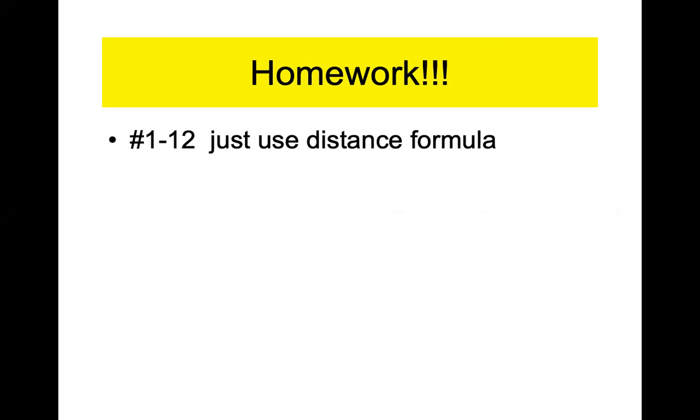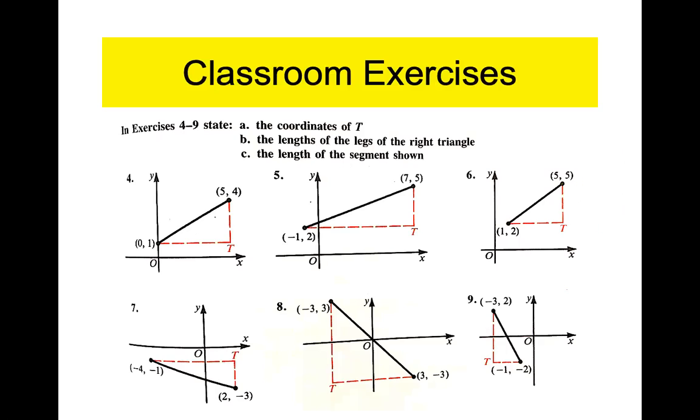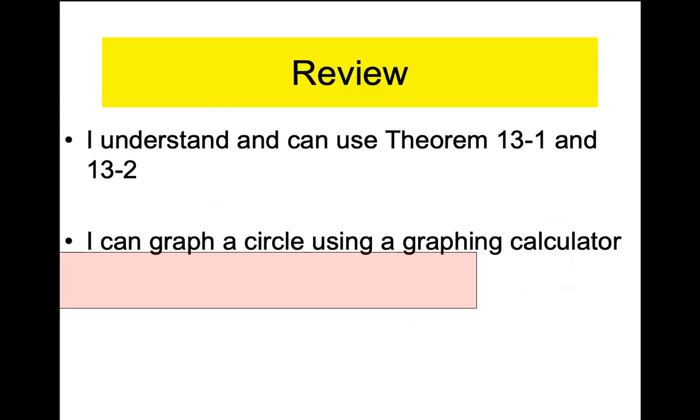It's so much easier than pulling out a piece of graph paper, graphing it, counting little squares. That's what you would have to do in order to use the Pythagorean theorem. So just use the distance formula for questions 1 through 12. This is an example of, hey, if you graphed it, you could use the Pythagorean theorem, but distance formula is just easily done.